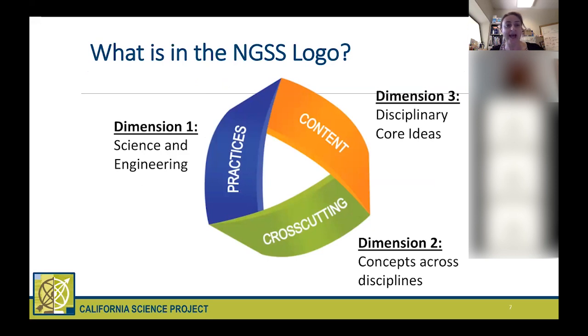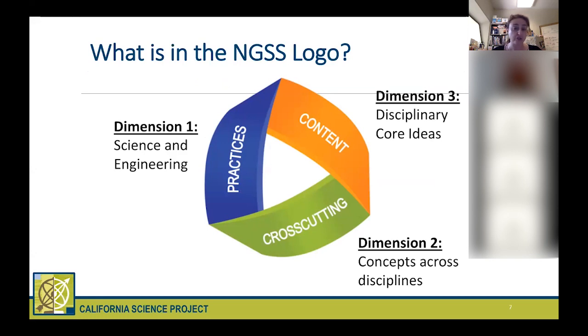When we are looking at the logo of the Next Generation Science Standards, and here I'm referring to page 1 of the handouts that you have downloaded from the website, you should see this logo on page 1. And on page 1, you also have the list of the three dimensions of the Next Generation Science Standards.